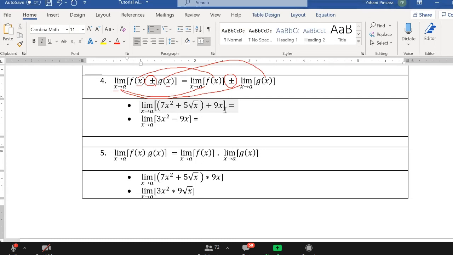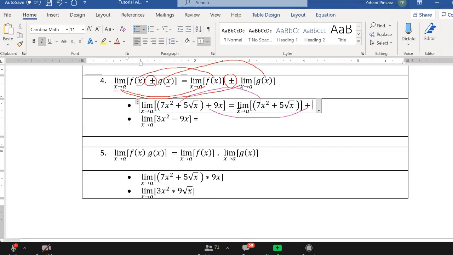In that case, what you can do is take this outside thing, this one here, then 9, then you have to take this plus here, plus, right?